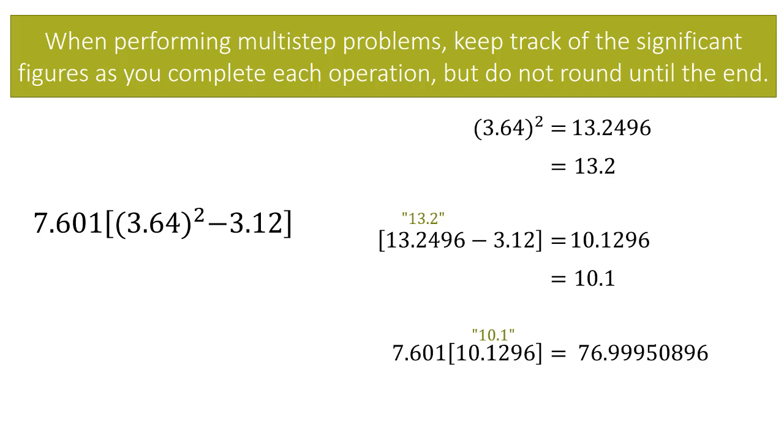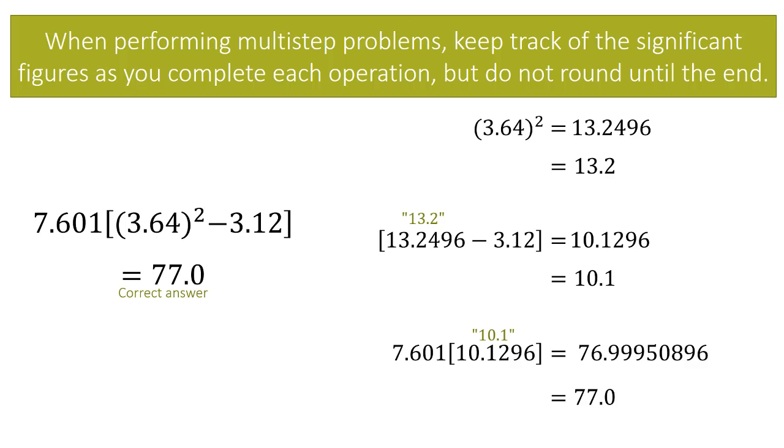Since this is multiplication, I count the number of sig figs. So 7.601 is 4 sig figs, and the 10.1296 was really supposed to be 10.1, which is 3 sig figs. So I need to round this answer to 3 sig figs. So I end up with 77.0 as my correct answer.